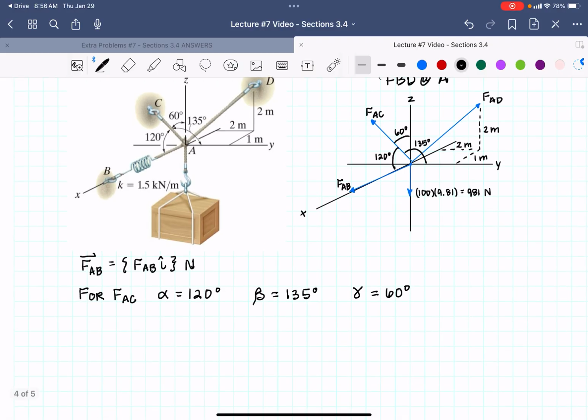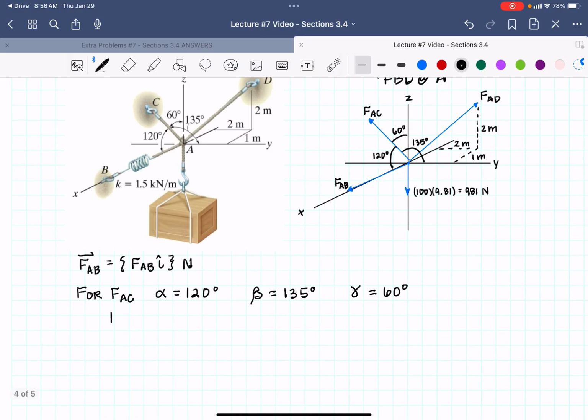So for my FAC, I can easily make it into a Cartesian vector because I take the magnitude of FAC and each one times the cosine of the angle gives me the vector.